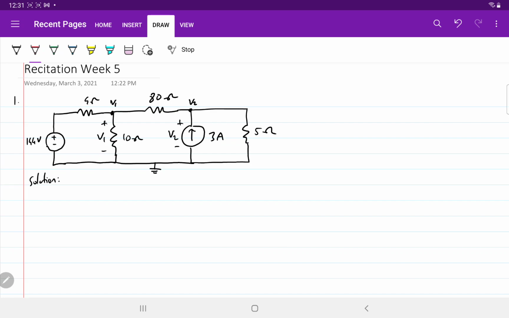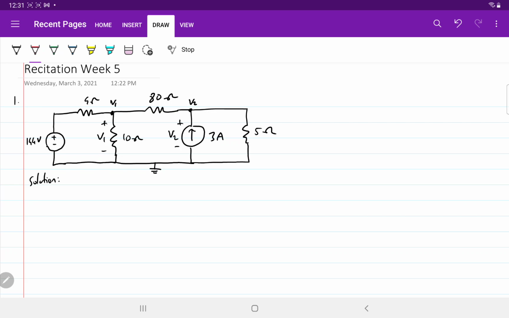In node voltage, we are essentially using Kirchhoff's current law. The sum of currents going in or going out of a particular node should be zero.